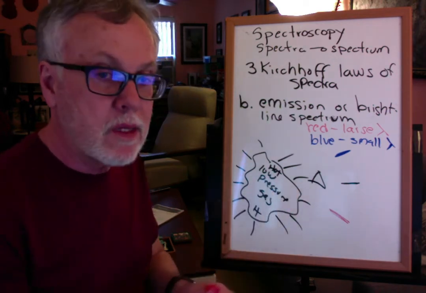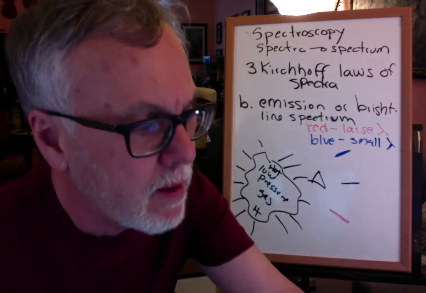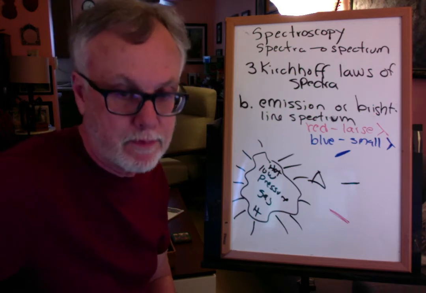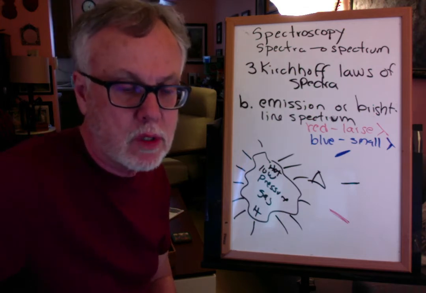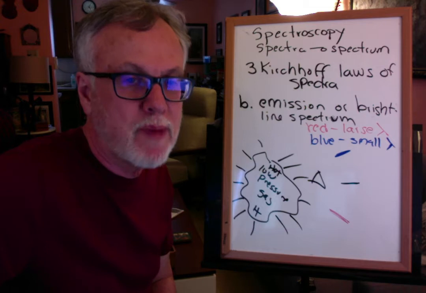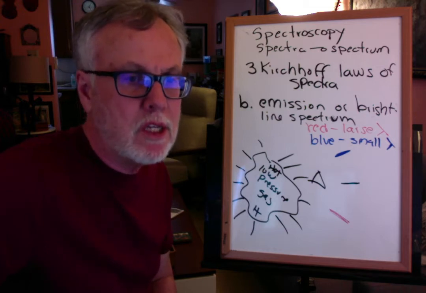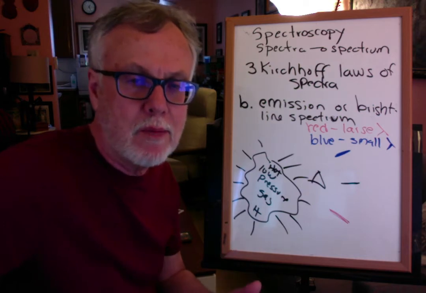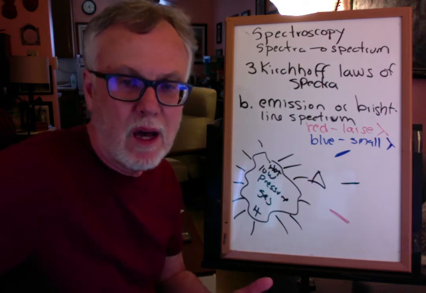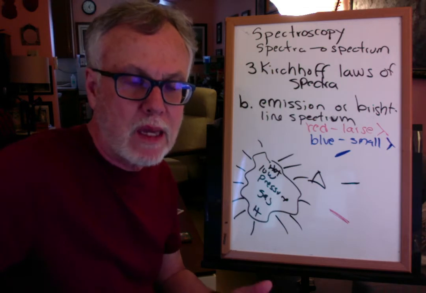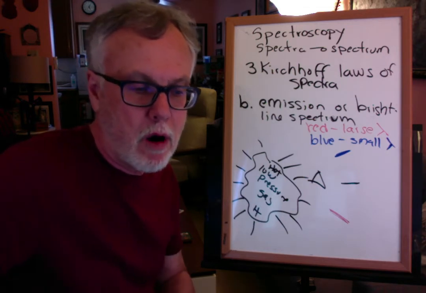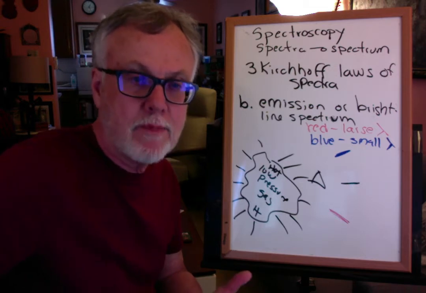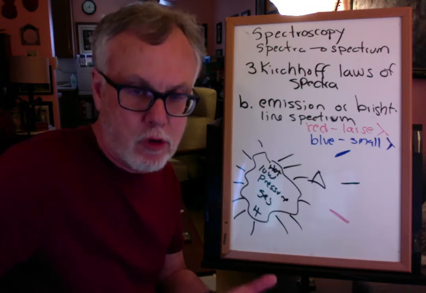Now what's cool about this is that since every atom produces its own emission spectrum, if we see the patterns of color that belongs only to that atom in the light coming from an object from space, we know that gas must be a part of that object. So really what we're saying is that the emission spectra are like fingerprints.